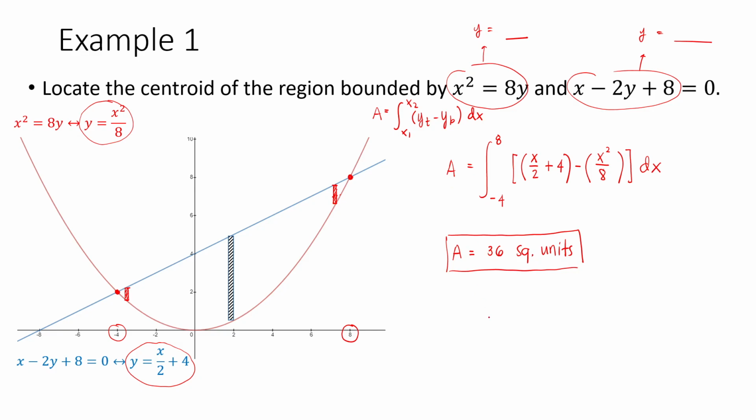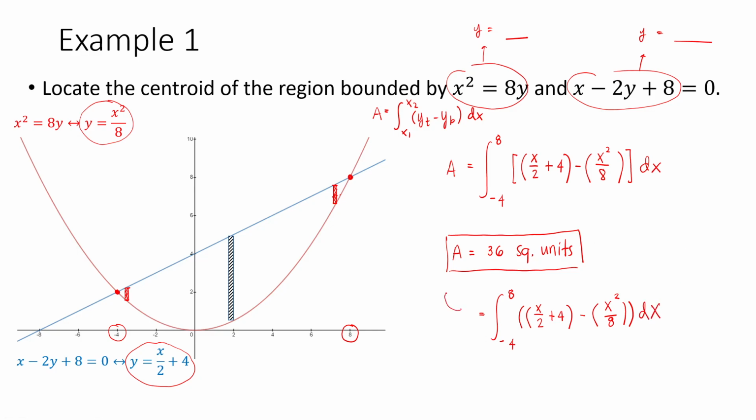If I'm going to plug this one in the calculator, I usually put many parentheses to make sure that my equations are representing the correct parameters. So parenthesis, and then parenthesis for y top, and then parenthesis again for y bottom, then parenthesis again, then dx.